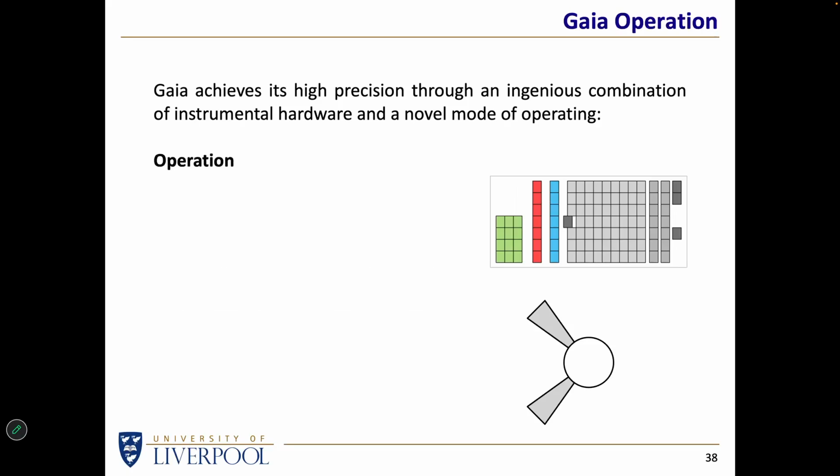Now, how does it operate? This is the way that makes Gaia different from anything else that's out there. Both telescopes create images which fall onto the same detector. And at first sight, that sounds ridiculous. Why would you have 2 telescopes and take the images from those 2 telescopes and stick them on top of each other?